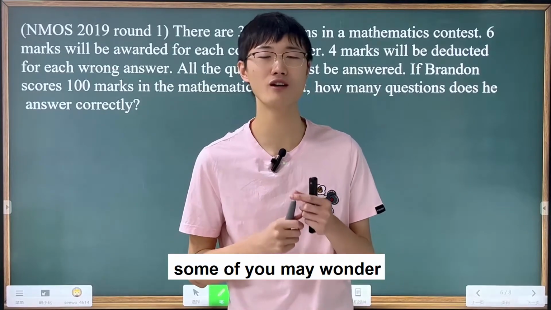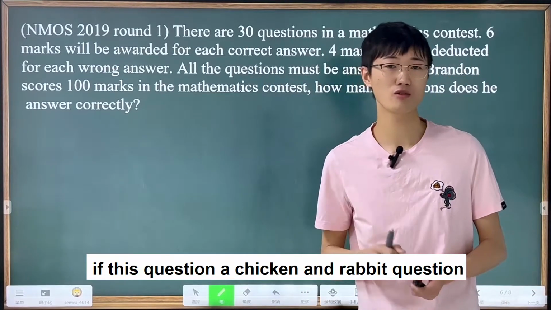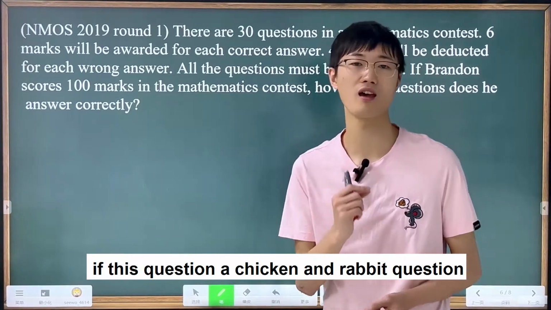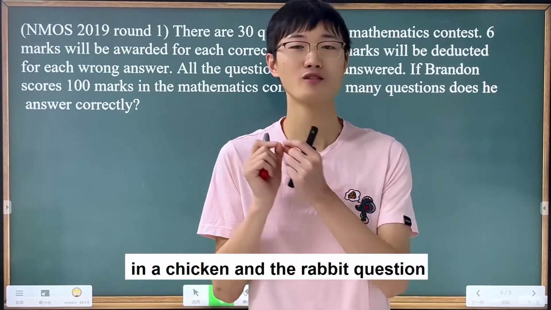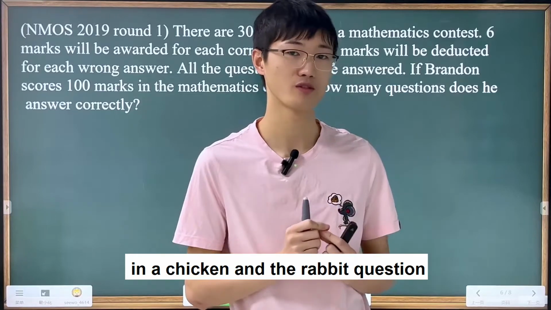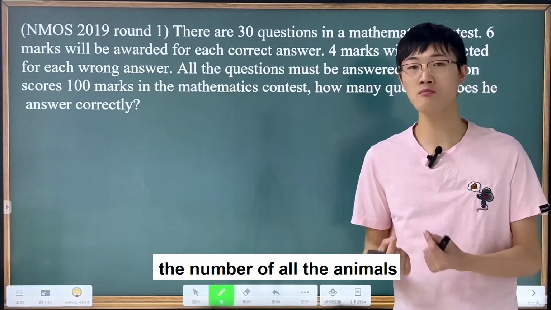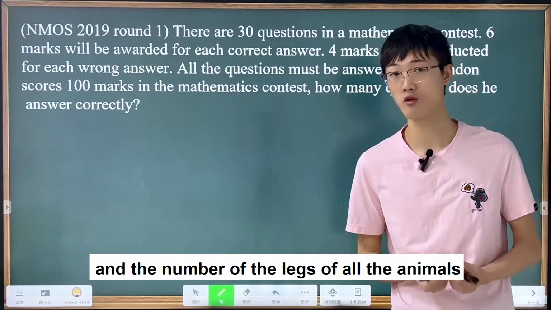Some of you may wonder if this question is a chicken and rabbit question. Think about it. In a chicken and rabbit question, we have 2 animals, the number of all the animals, and the number of the legs of all the animals.